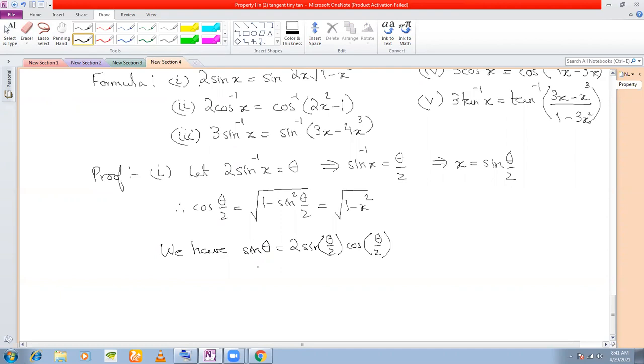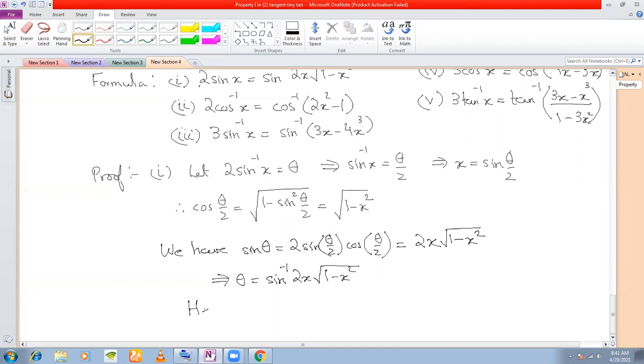Okay. So now just put the values. Sine theta by 2 here is x, and cos theta by 2 is root 1 minus x squared. So that means what is theta? Theta is sine inverse 2x root 1 minus x squared.